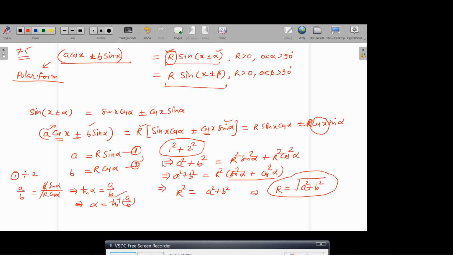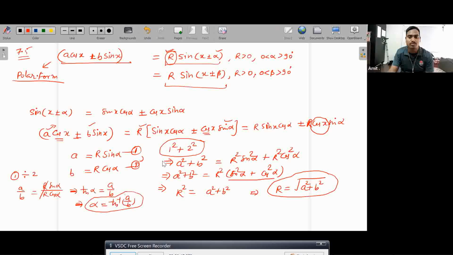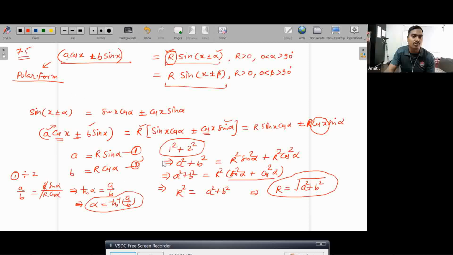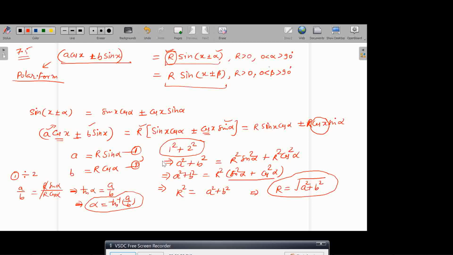So we found both values, r and alpha. If someone wants to convert this form into this form, it may be written like that. But alpha and beta must be between 0 and 90 degrees, not beyond 90 degrees.